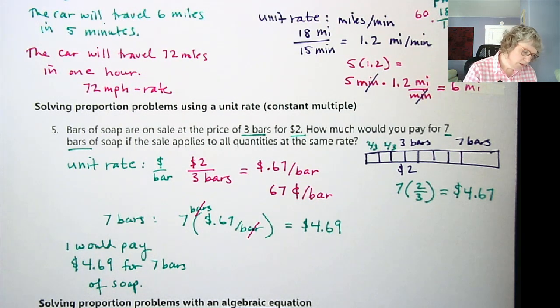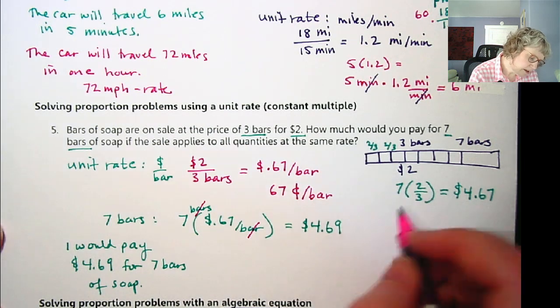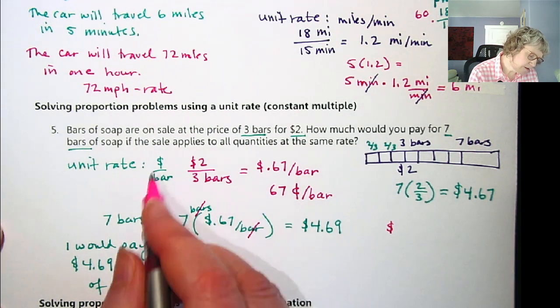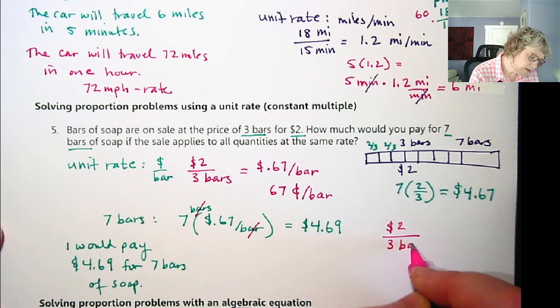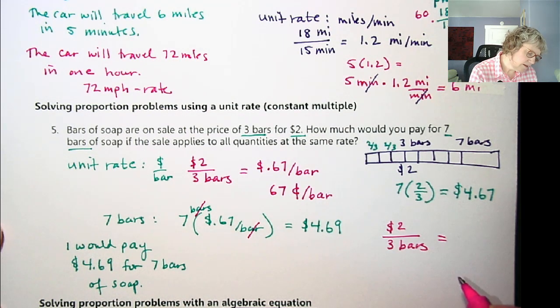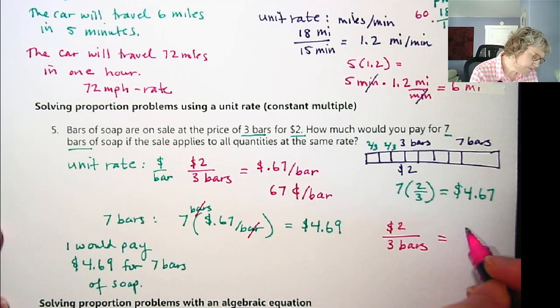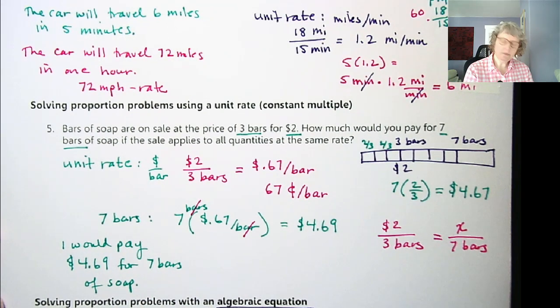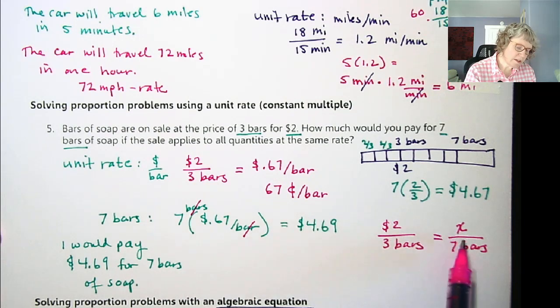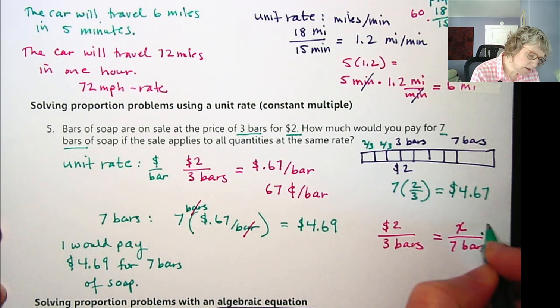And then what if we did a proportion for this one? Let's say I'm going to go back to the dollars on top because that's easier for me. $2 for 3 bars, and that's equal to, we want to know how much, right? So x over 7 bars. One thing I'll say about proportions is it is easier if your variable's on the top, because then you multiply each side by a constant.